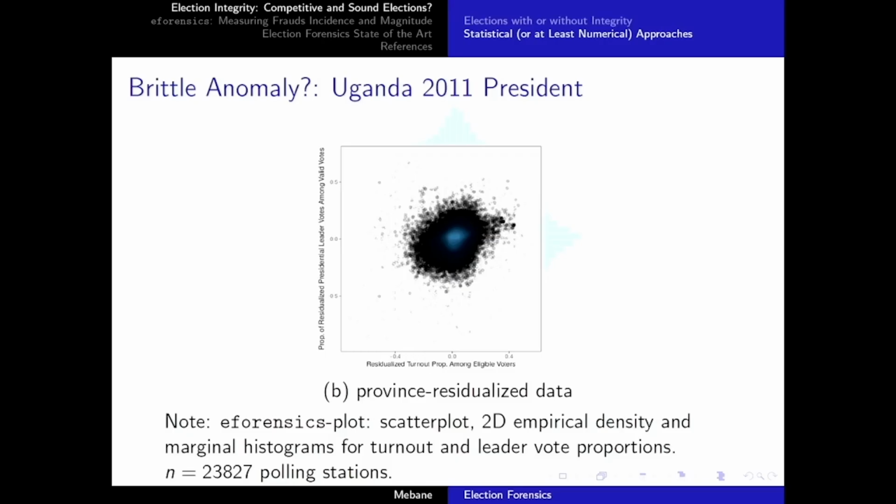So one way to do this in the data I have here from Uganda 2011 is to control for the province that they have. And so when you basically remove the mean turnout in each province and the mean support for this leading candidate in each province, and show the residual proportions. Oh, here. What happened to the fingerprint?